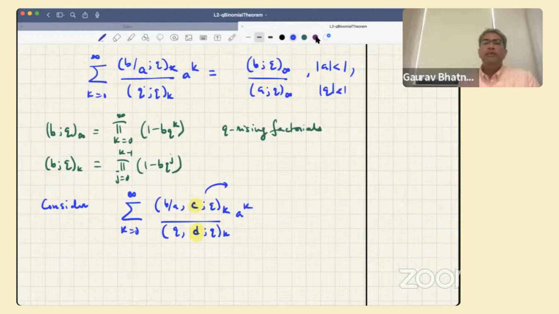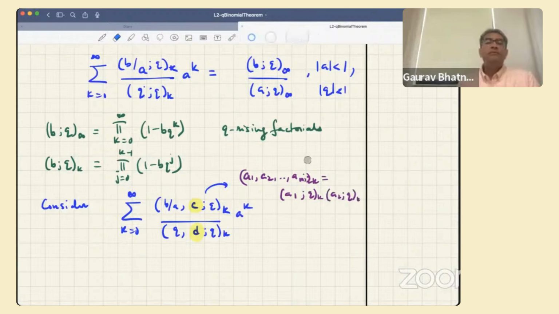We are using this notation: (a1, a2, up till an; q)_k is just (a1;q)_k, (a2;q)_k, and so on up to (an;q)_k. Some compressed notation we are using, and we've just added one parameter. That's all.